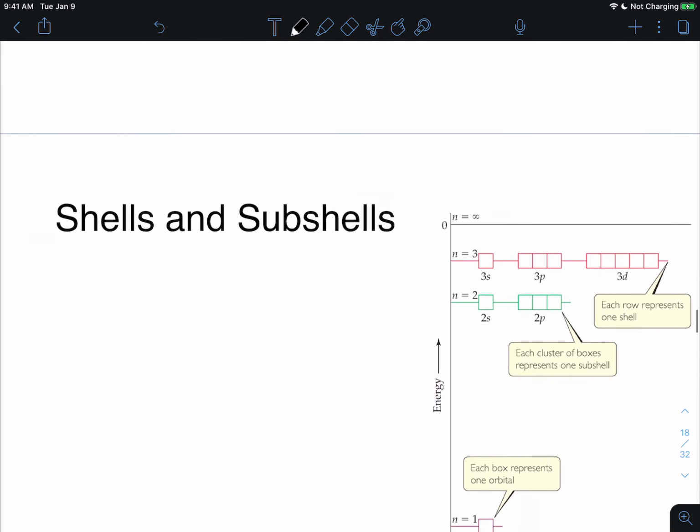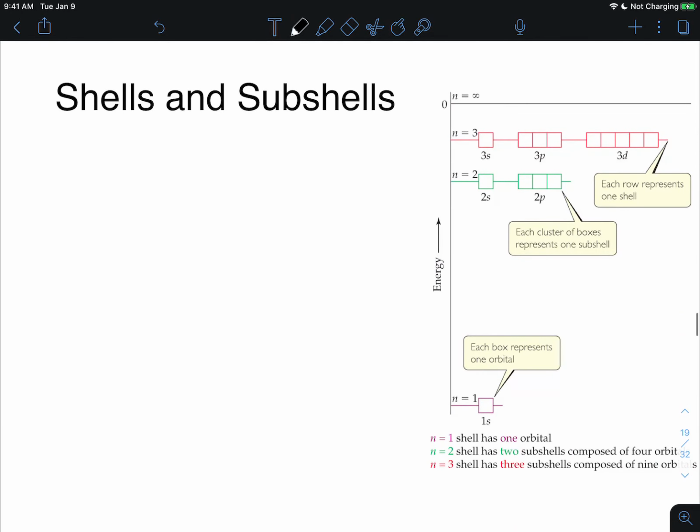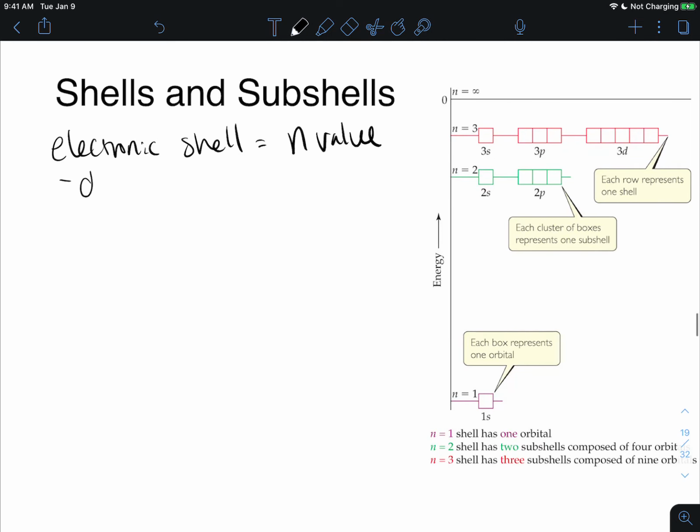Okay. So we can take our quantum numbers and start to describe things that are called shells and subshells. So our electronic shell is our n value. A shell describes all the orbitals at the same energy value.